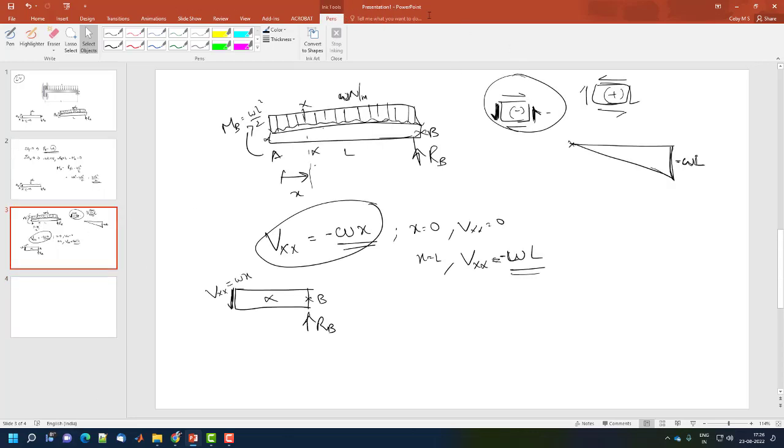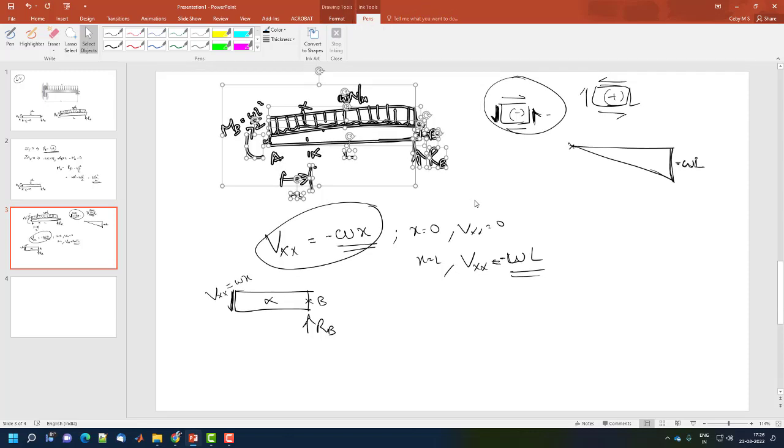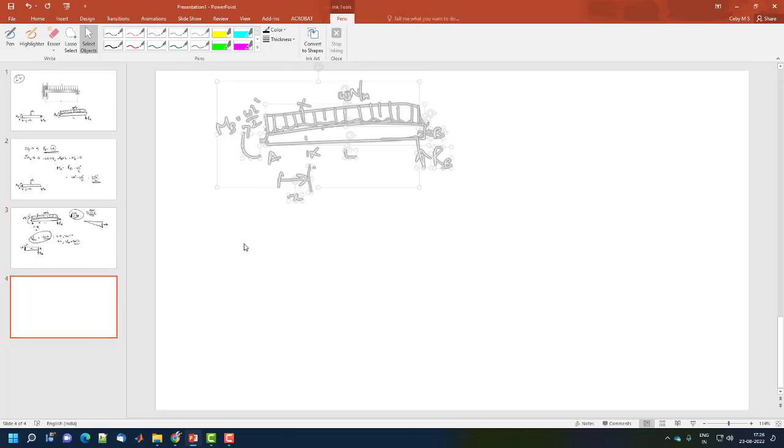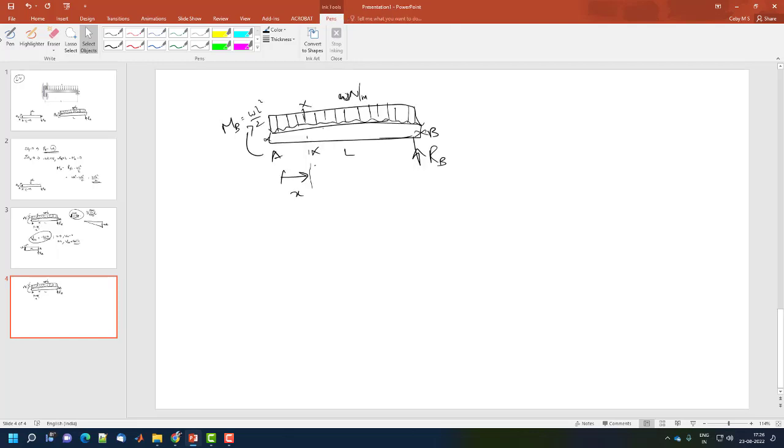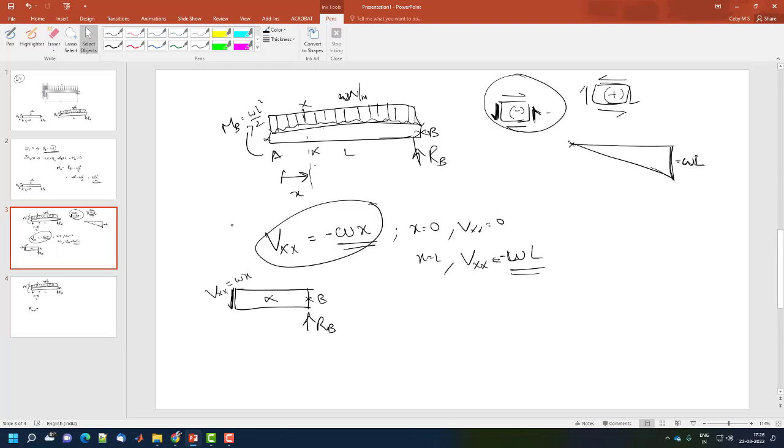Next, we have the moment diagram to be drawn. In order to draw the moment diagram, we take XX as usual, MXX is equal to, either the left or the right side of this particular cross section, the moments acting on the left or the right side. Similar to shear force, we took only the left section.